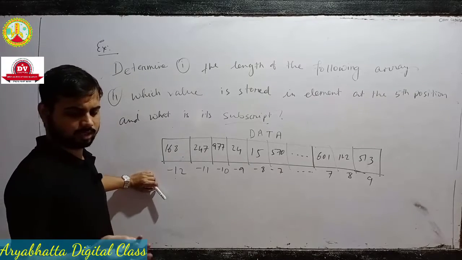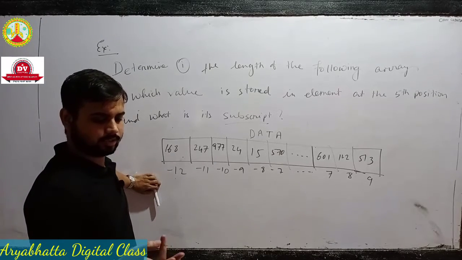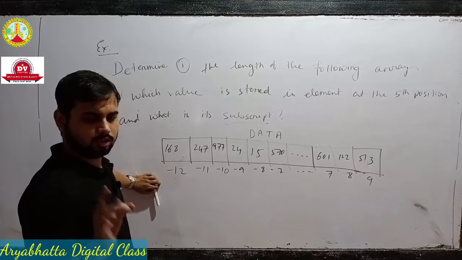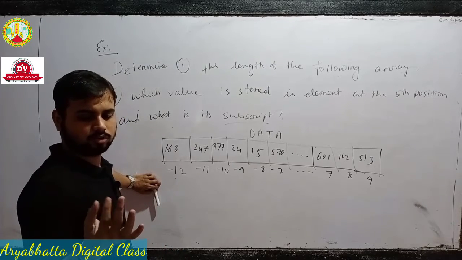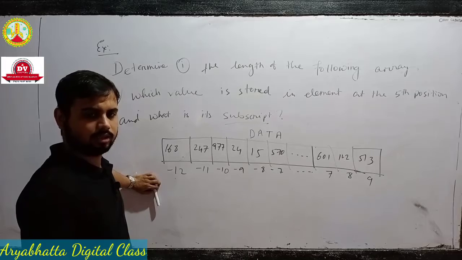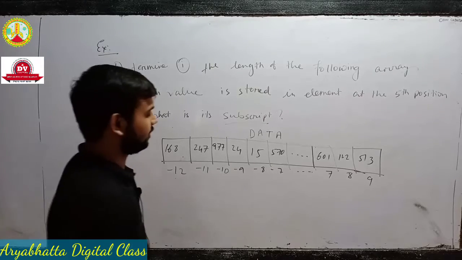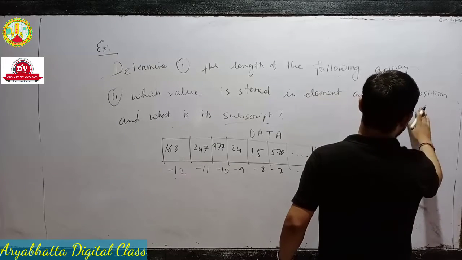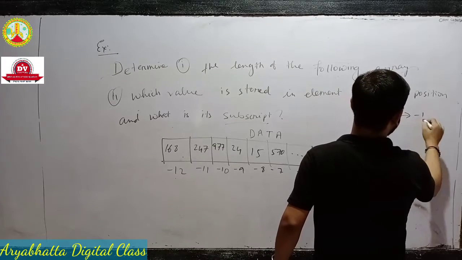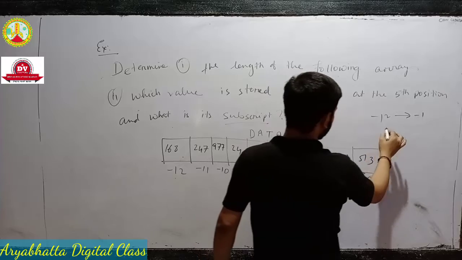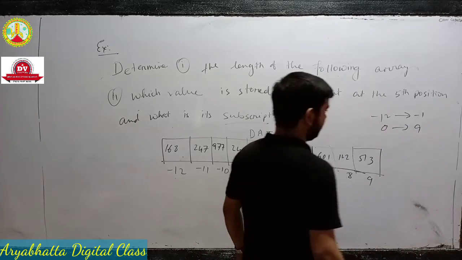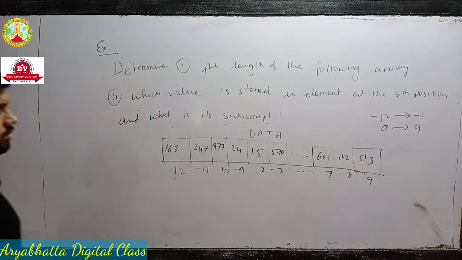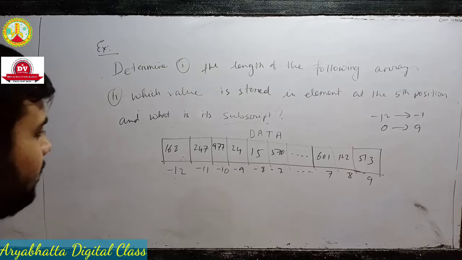If you count it this way: minus 12, minus 11, minus 10, 9, 8, 7, 6, 5, 4, 3, 2, 1, then 0, 1, 2, 3, 4, 5, 6, 7, 8, 9. The negative numbers are from minus 12 to minus 1, and then 0 to 9.